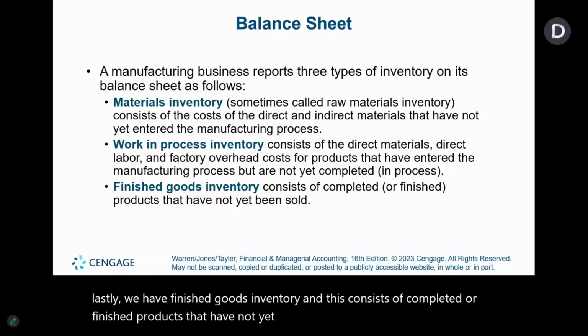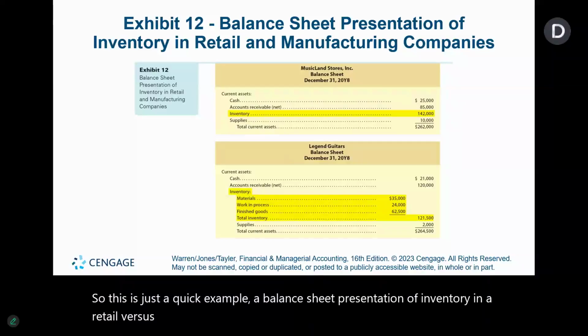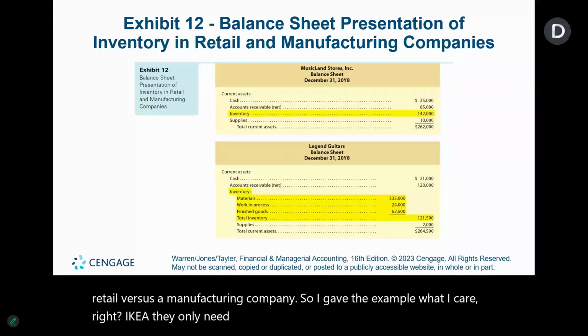So this is just a quick example, a balance sheet presentation of inventory in a retail versus a manufacturing company. I gave the example with IKEA, right? IKEA only needs to track the number of podiums that they purchased from We Make Podiums.